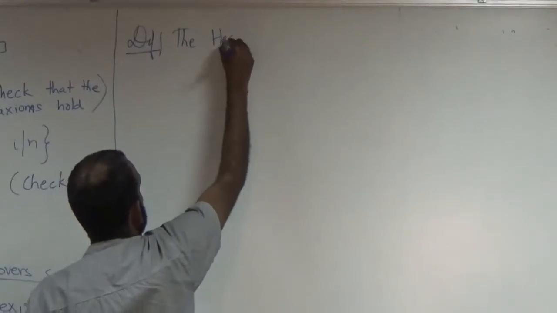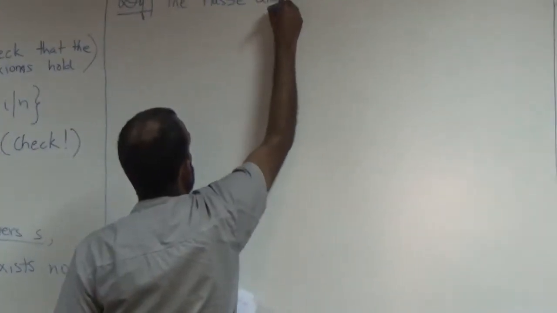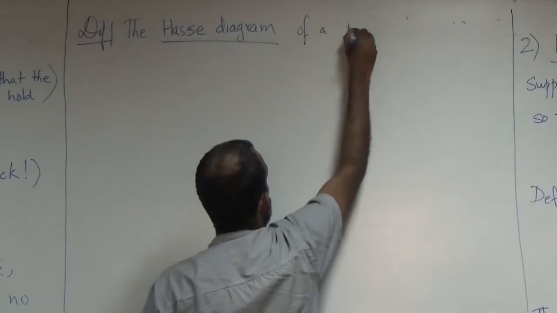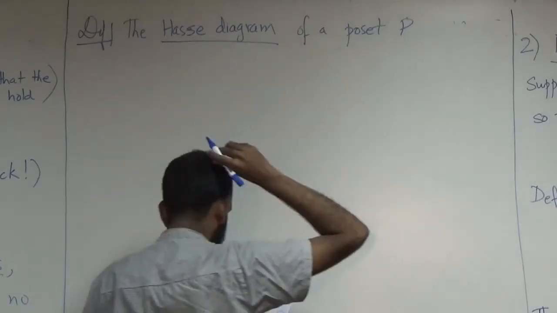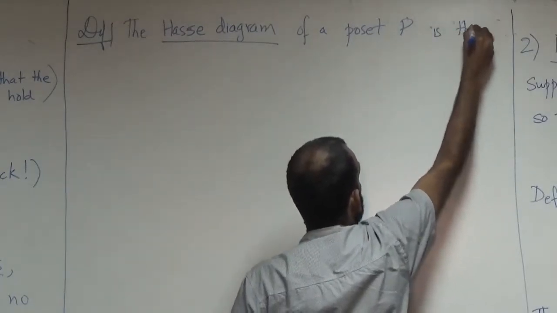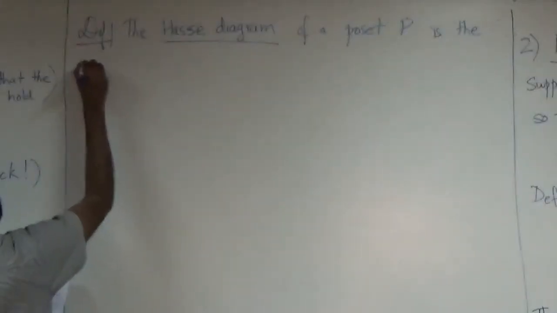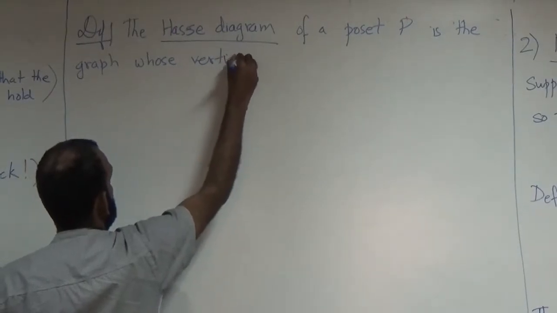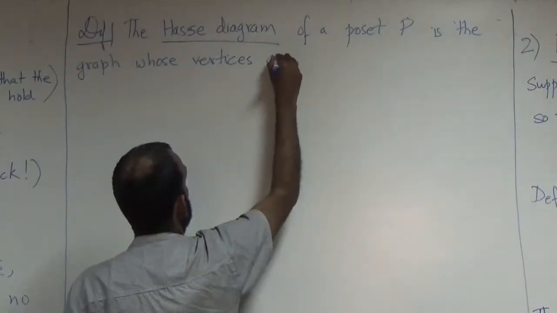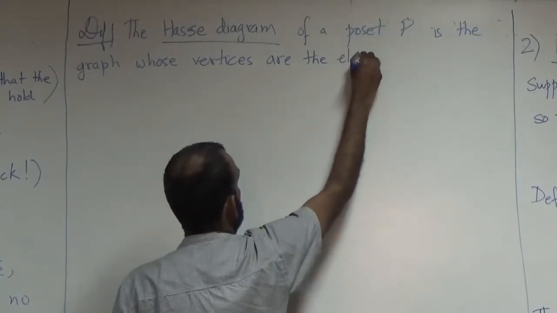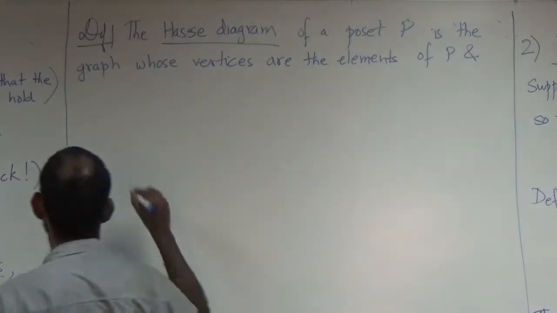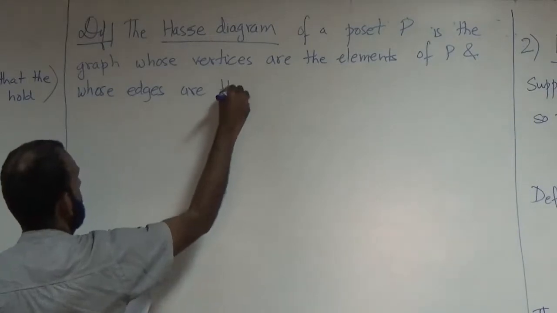The Hasse diagram of a poset P is the graph whose vertices are the elements of P and whose edges are the cover relations.